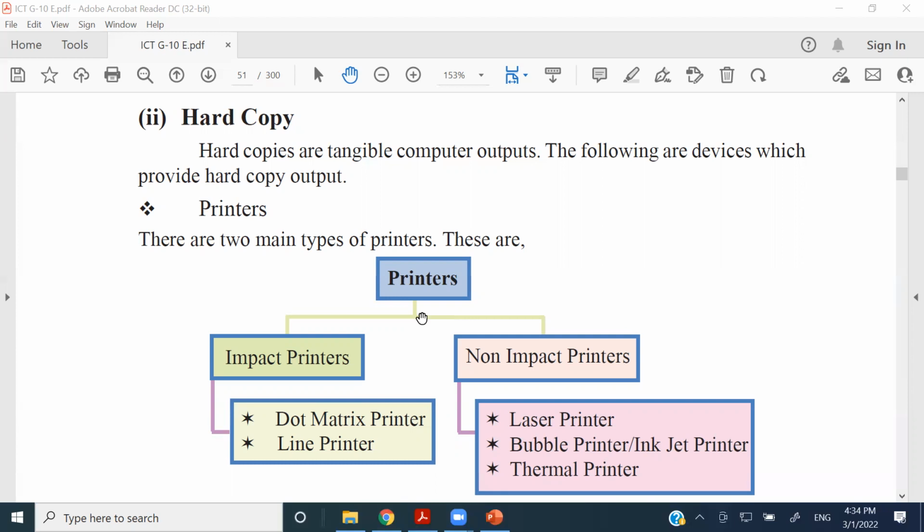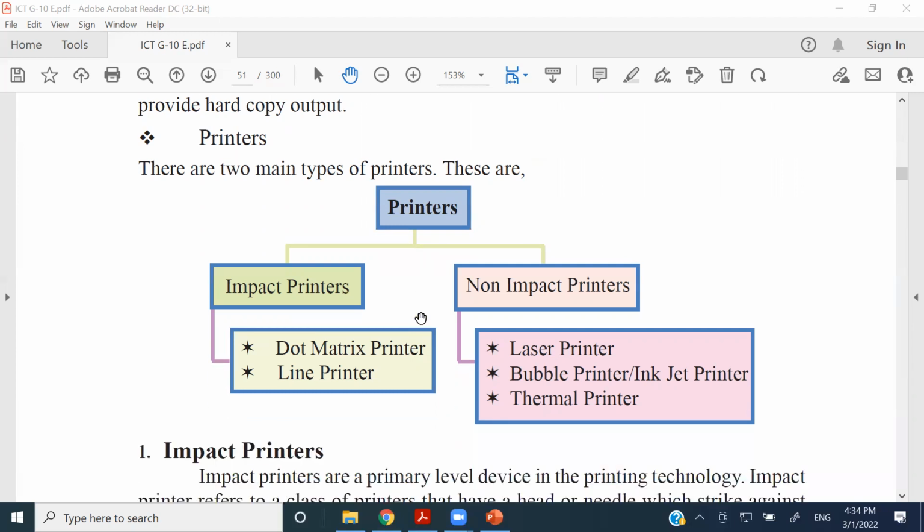I think you can remember the sound that you hear when you are receiving a bill from a particular shop. Most shops are using impact printers, because the running cost of them is very low for the ink and the paper.